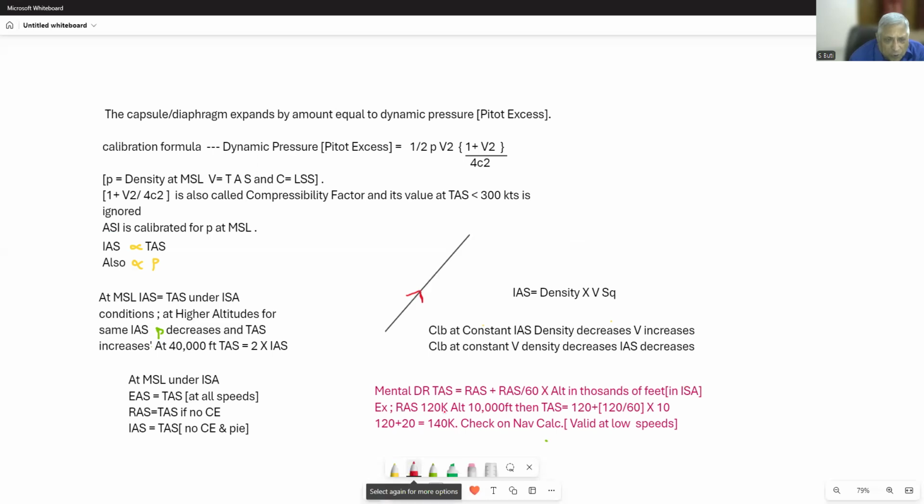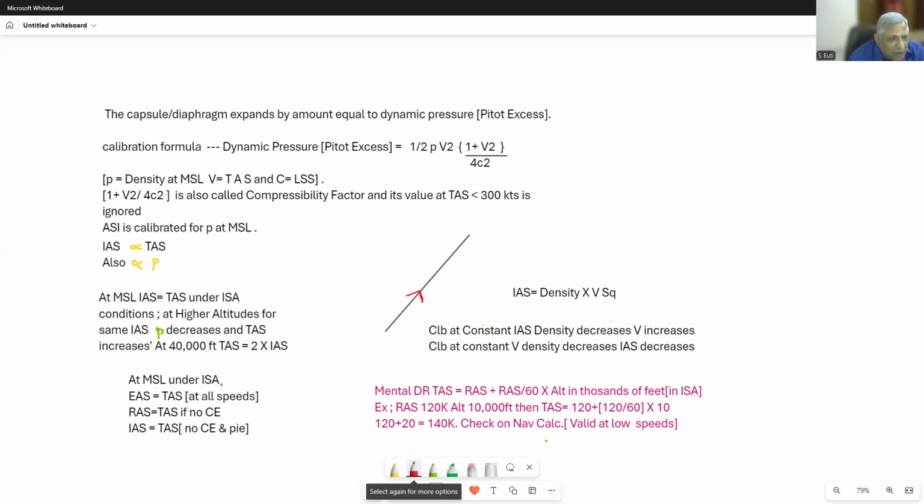Example: if your RAS is 120, you are flying at 10,000 feet under ISA, temperature is minus 5, then your true airspeed will be 120 plus 120 by 60, that is 2 into 10, 20. So your true airspeed will be 140 knots. Fine. Those of you who did not know this, check on your nav calculator. Am I right? This is under mental DR, approximately very close to your correct answer.